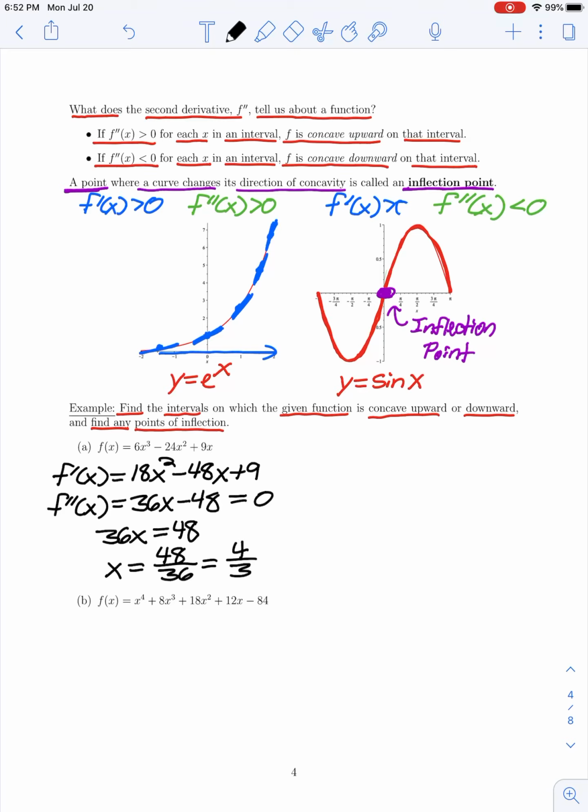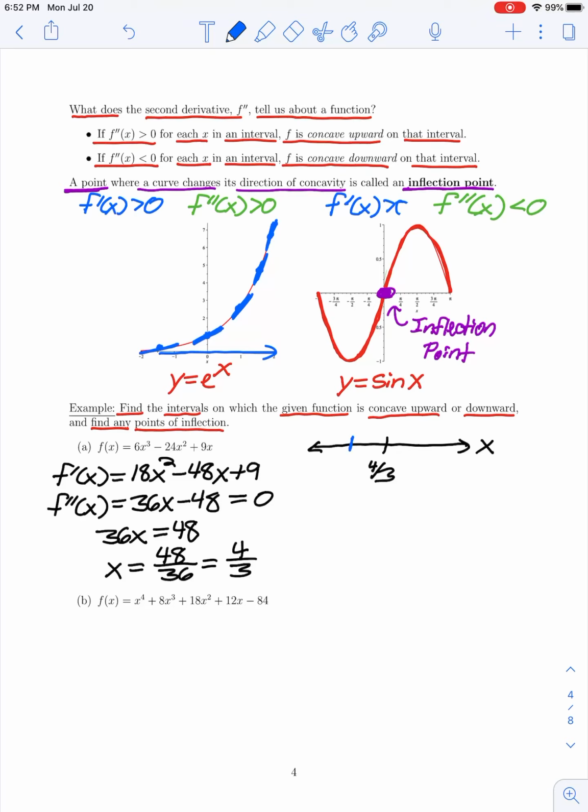So much like we had for the increasing-decreasing test, we can think about the domain of our function here. So for a polynomial, all real numbers x. And we had a value of x equals 4/3, where our second derivative was 0. So that means everywhere else, that is to the left or to the right of 4/3, the second derivative must be positive or negative. And to determine the sign, we can choose a test value of x in each of those subintervals.